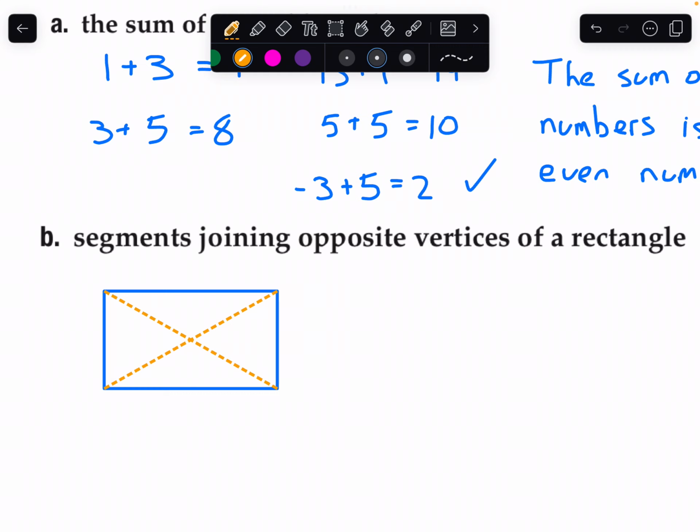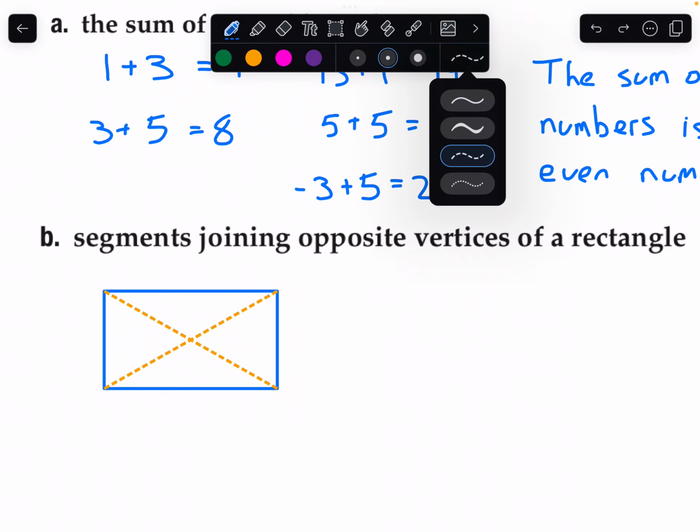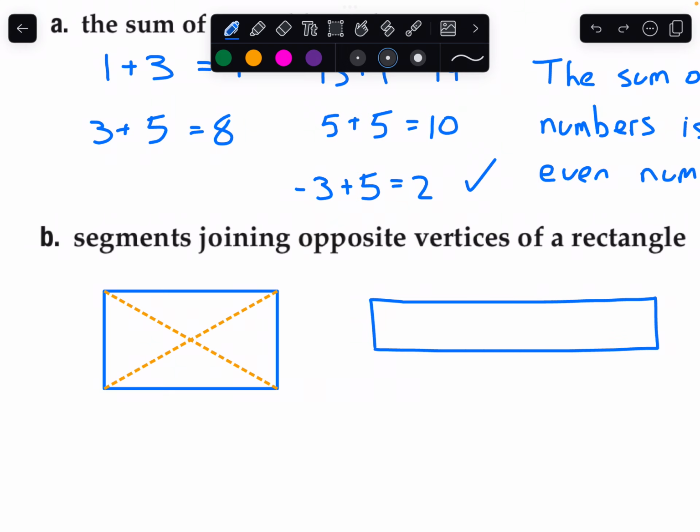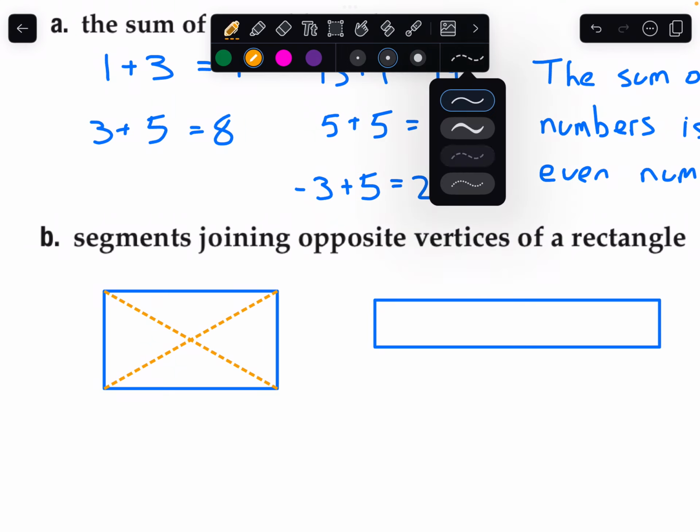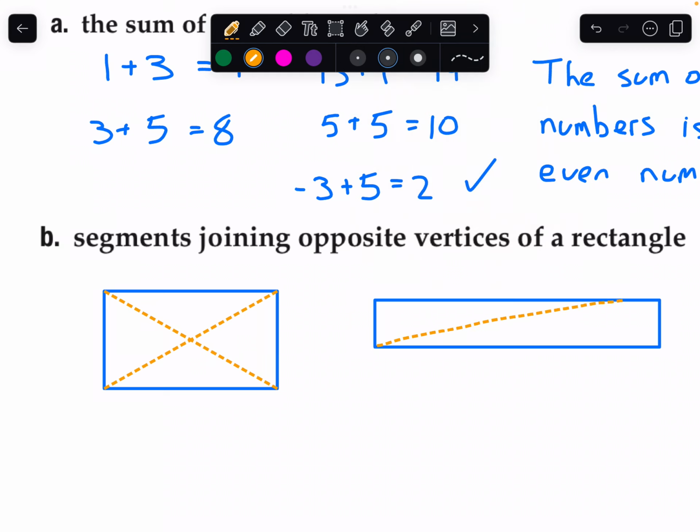Okay. Well, I need more examples. So let's get a long, skinny rectangle like that. Joining opposite vertices.